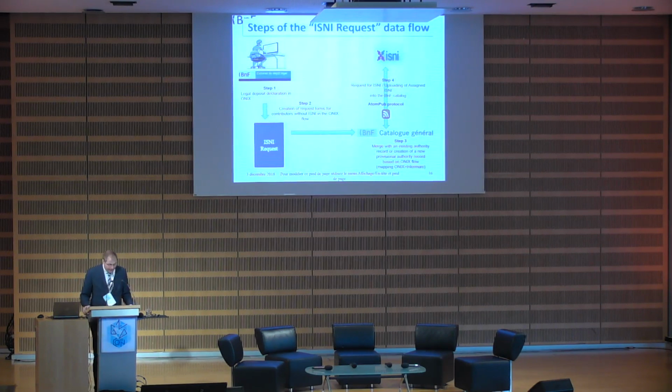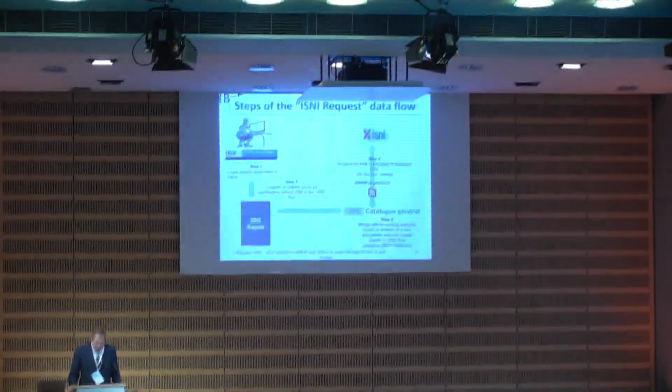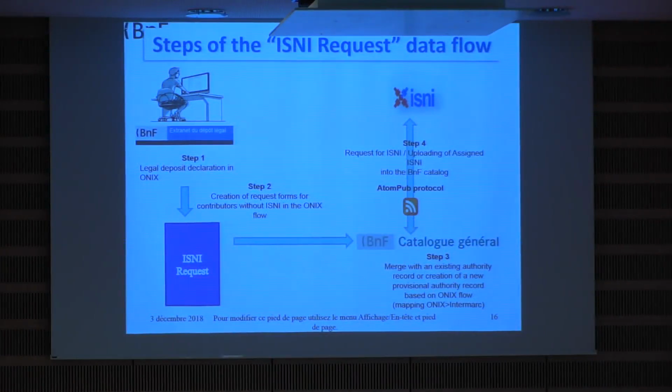The idea is to use this international identifier as a tool to partly automatize the creation of new authority records for persons, especially for new authors whose books come to the library by legal deposit.